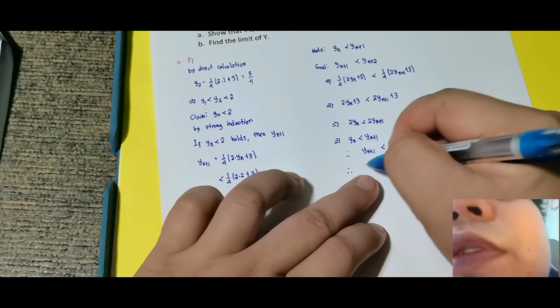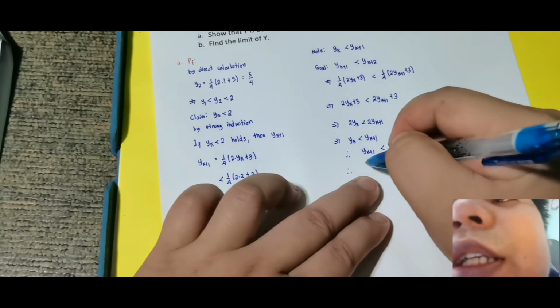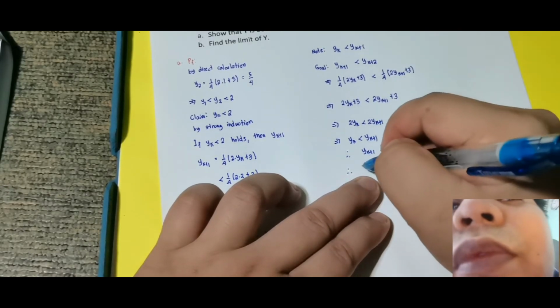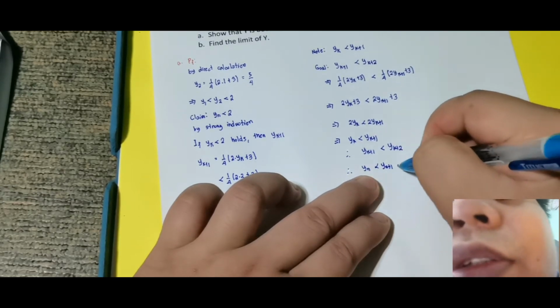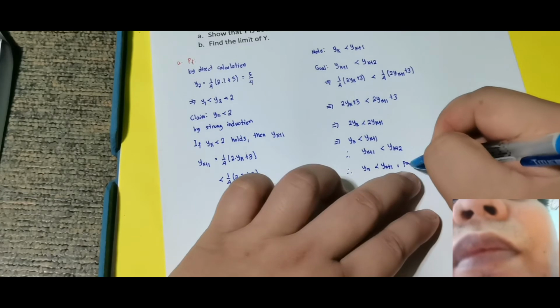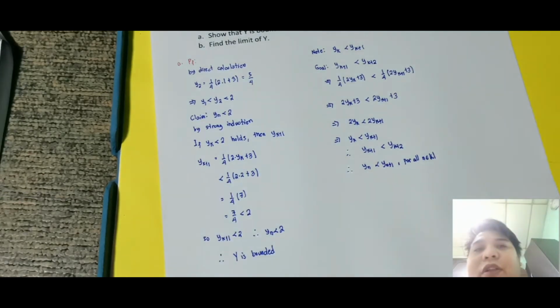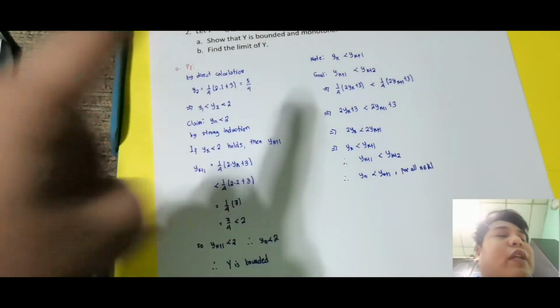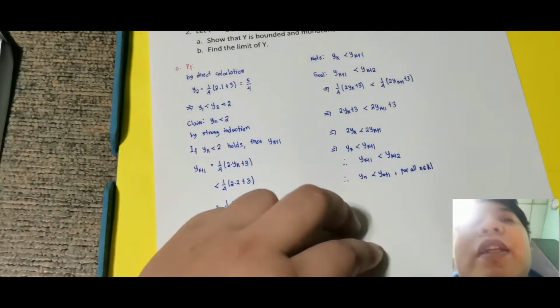Now, therefore, ano man sabi nyo? Therefore, ulit, for all n natin, so yung y sub n is less than y sub n plus 1, for all n element ng natural number. So, pansin mo, y sub k less than y sub k plus 1, less than y sub k plus 2, less than y sub k plus 3.